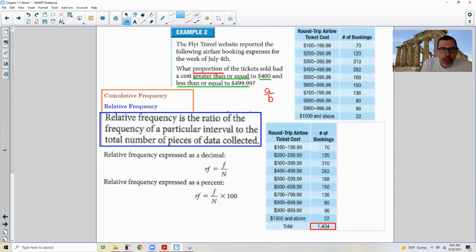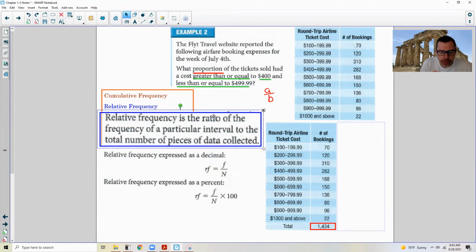So in looking at this definition, the ratio of the frequency of a partial interval to the total. We're going to compare pieces of this to the total. So here is the formula. There's two different formulas.